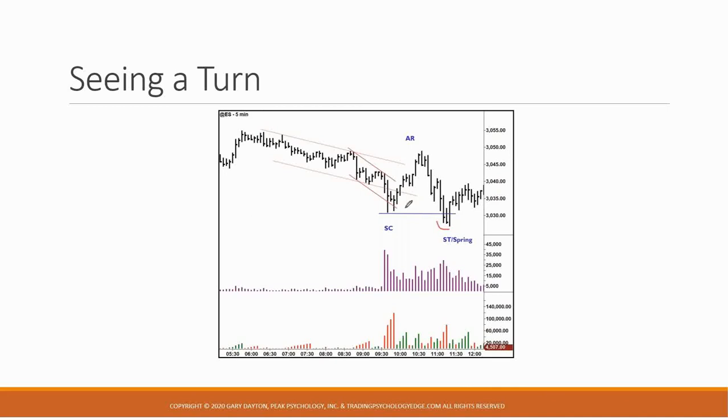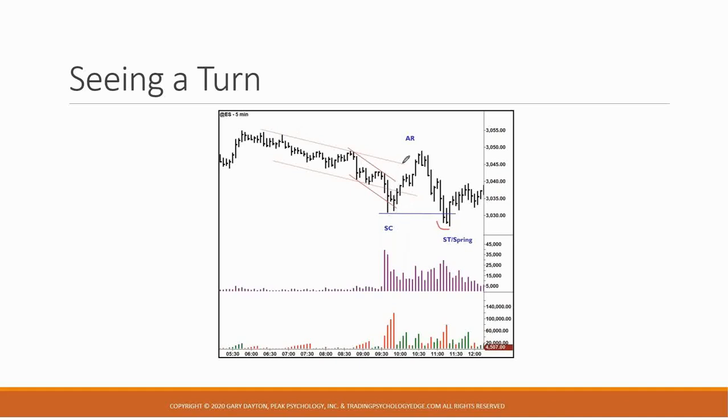When we're looking at climactic action, look for this plummeting action. You can usually draw 2 or 3 trend channels on this, meaning that the trend is mature. And we said this has been going on for 4 hours. That's very mature on an intraday time frame. And we get this plummeting action, the high volume, and then the closes in the middle.